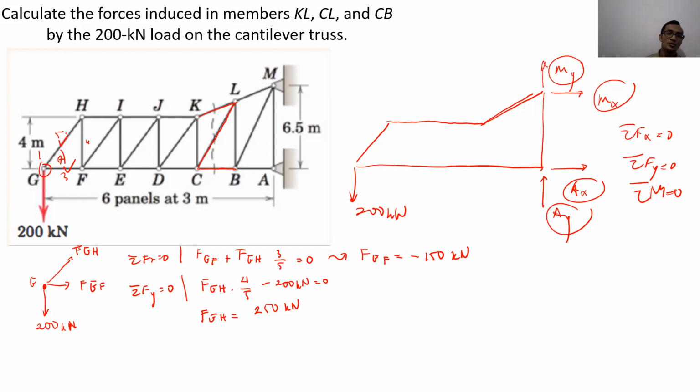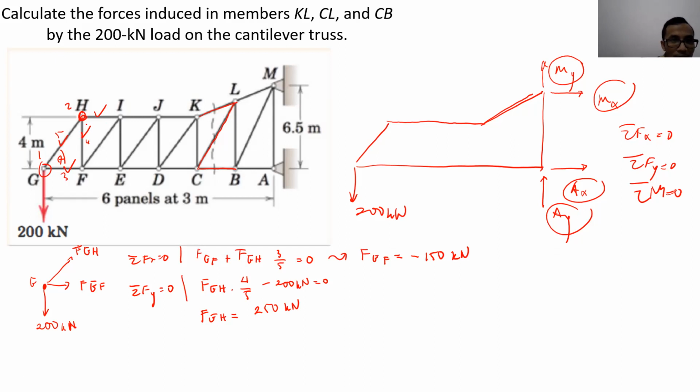So where should we go next, Daniel? Joint H, correct. Now joint H only has two unknowns, right? HI and FH. So using sigma Fx and sigma Fy equal to 0 at joint H, you will be able to find these two.